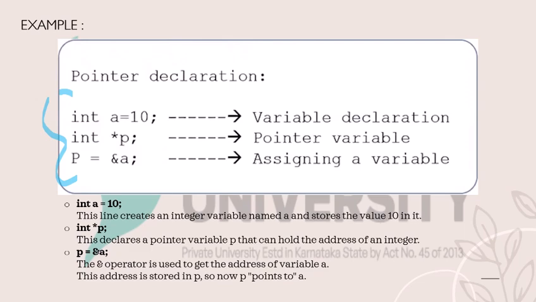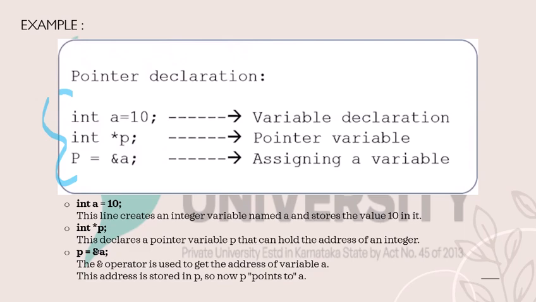This line creates an integer variable named a and stores the value 10 in it. Int *p declares a pointer variable that can hold the address of an integer.